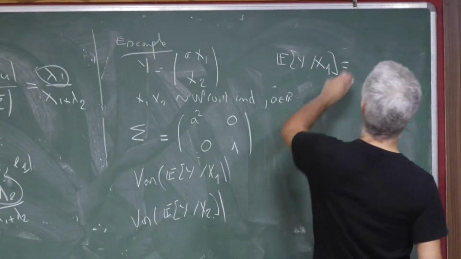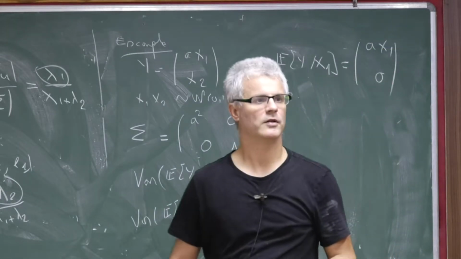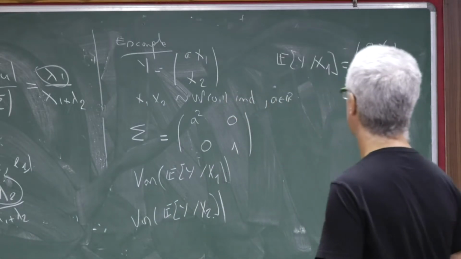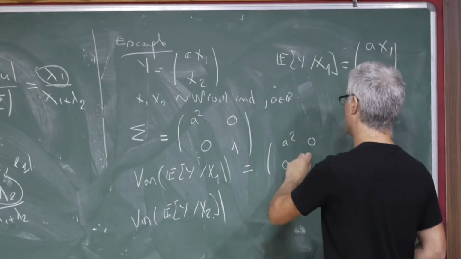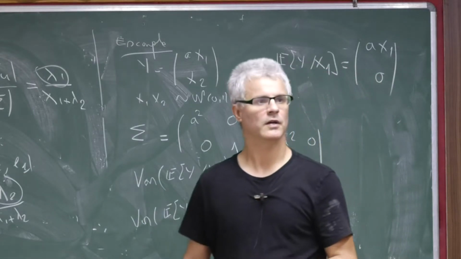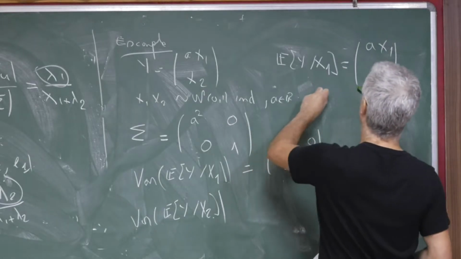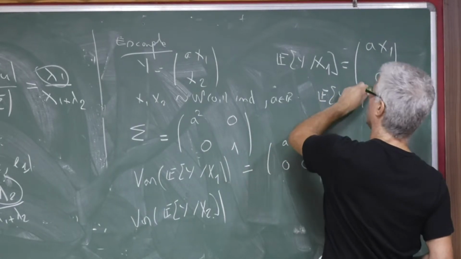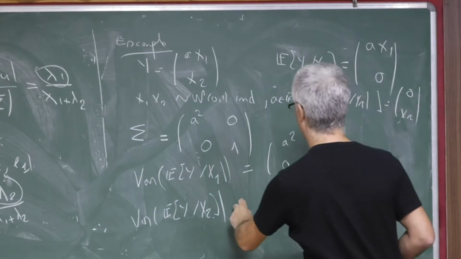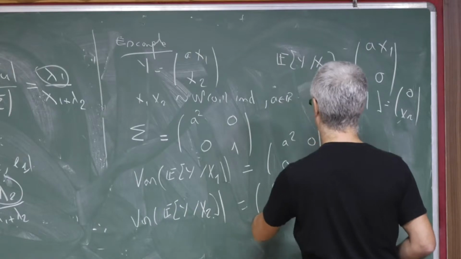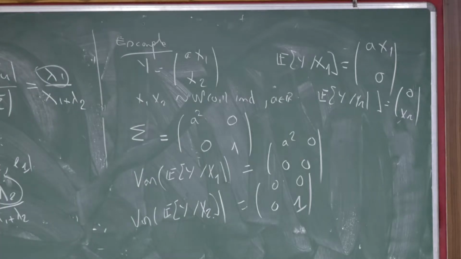It is just the vector a x1, 0. So the covariance matrix of this would just be A squared, 0, 0, 0. And then I do the same thing with x2. For x2, that would just be the vector 0, x2. So I will find 0, 0, 0, 1.